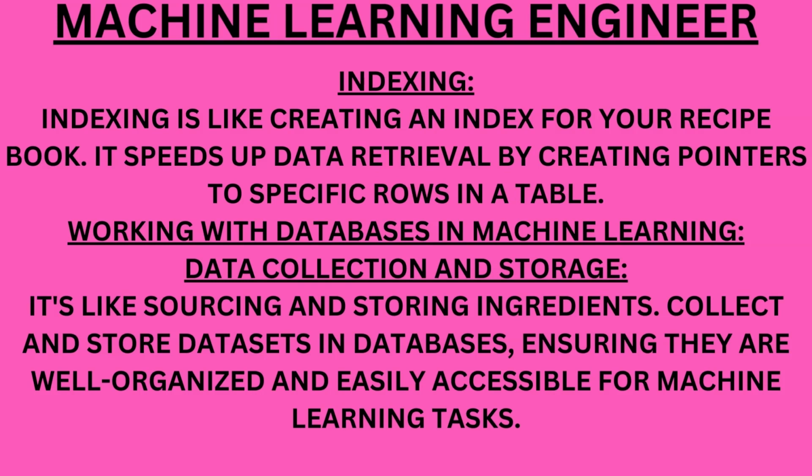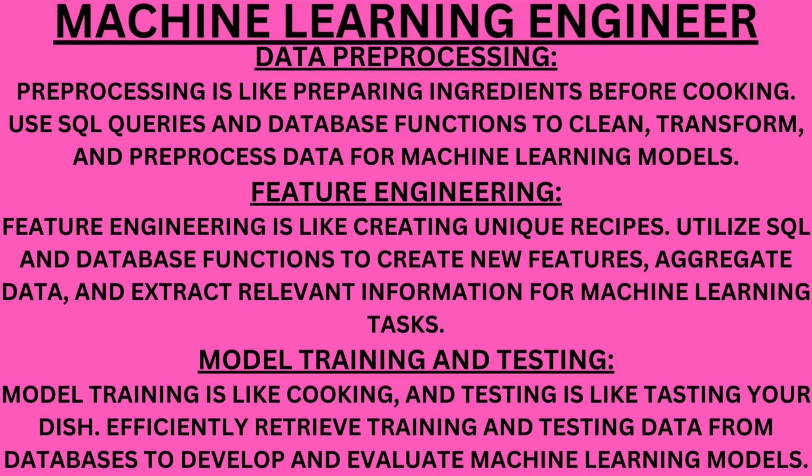Working with databases in machine learning. Data collection and storage. It's like sourcing and storing ingredients. Collect and store datasets in databases, ensuring they are well organized and easily accessible for machine learning tasks. Data pre-processing. Pre-processing is like preparing ingredients before cooking.